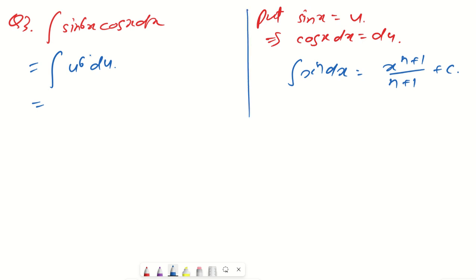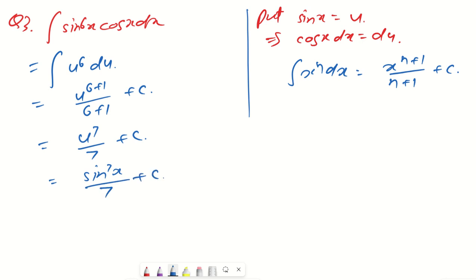So using this, we can write u to the power 6 plus 1 by 6 plus 1 plus some constant c, which is equal to u to the power 7 by 7 plus c, and u can now be replaced by sin x. So it will become sin to the power 7 x by 7 plus some constant c.